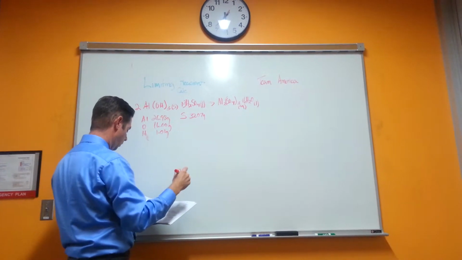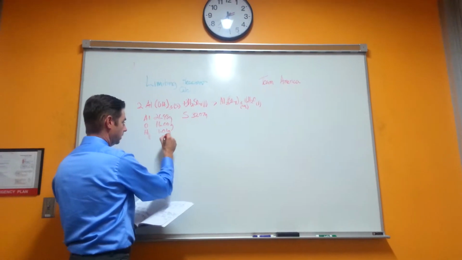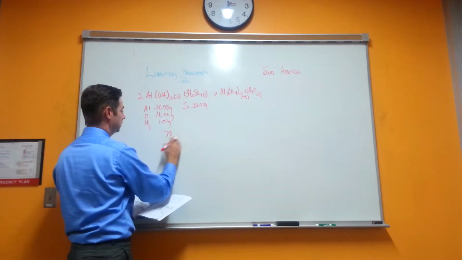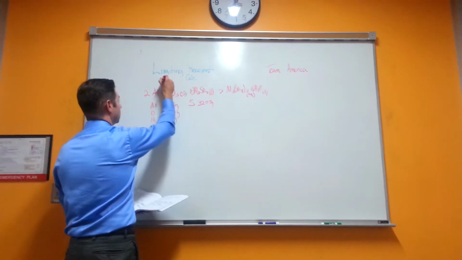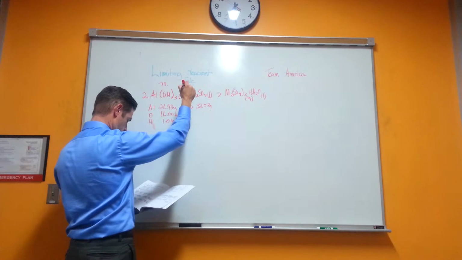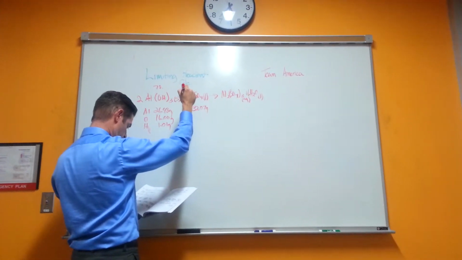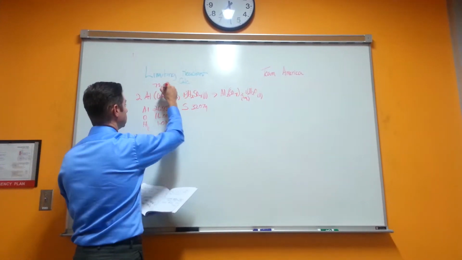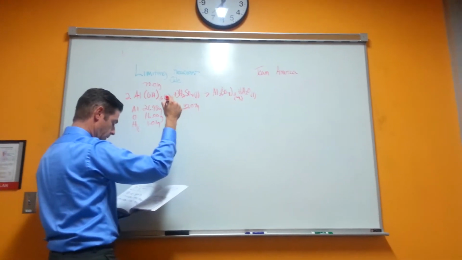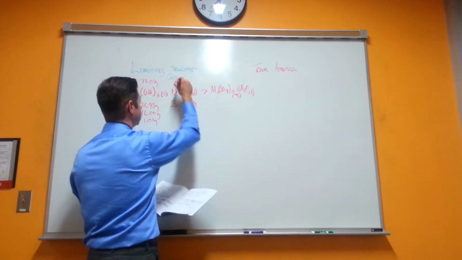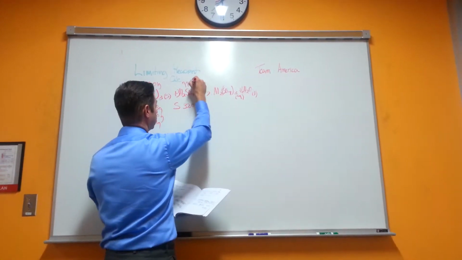AlOH3, the molar mass of the entire molecule is 78. Actually, I'll just write that right above it. It's 78.01 grams. The molar mass of sulfuric acid is 98.09 grams.